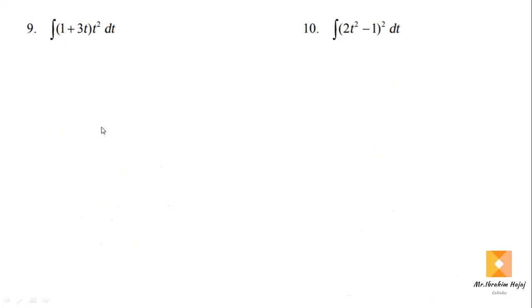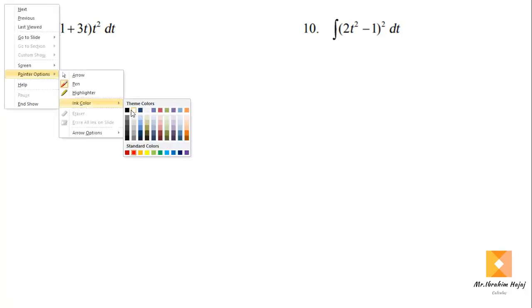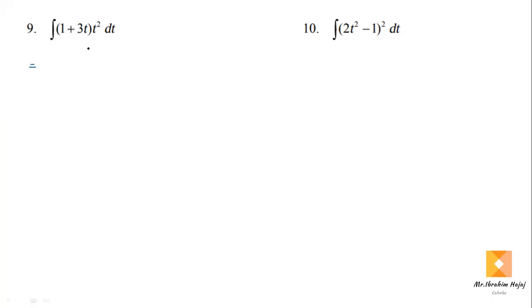The integral of t squared times 1 plus 3t. Yes, distributive property: t squared times 1 is t squared, plus t squared times 3t gives 3t to the power of 3.